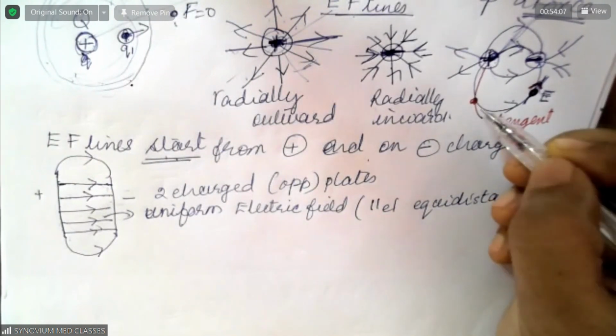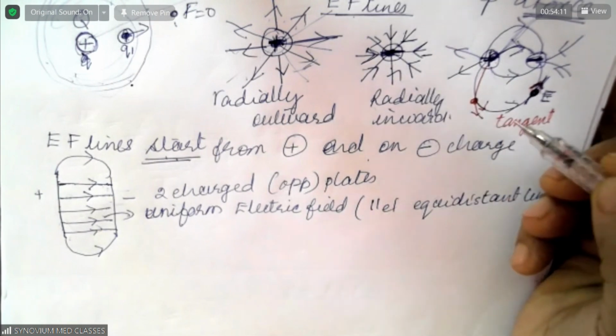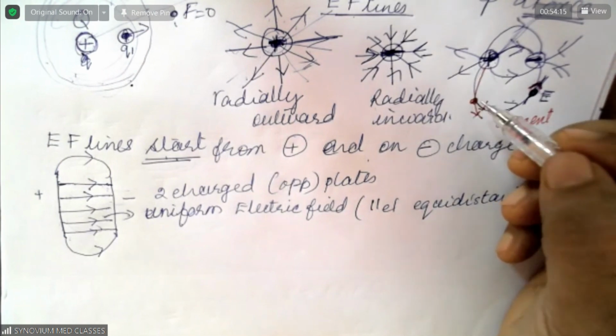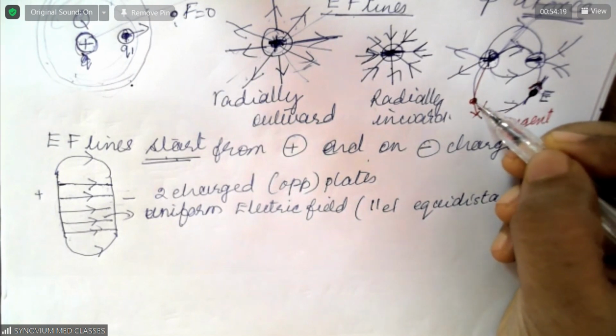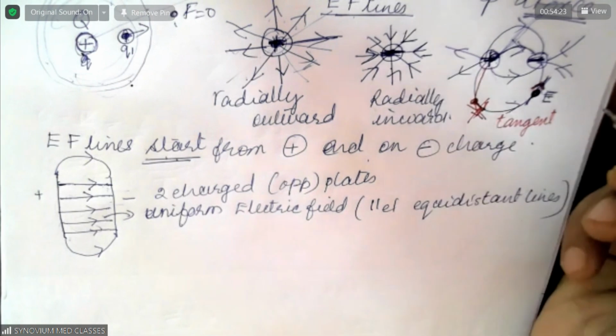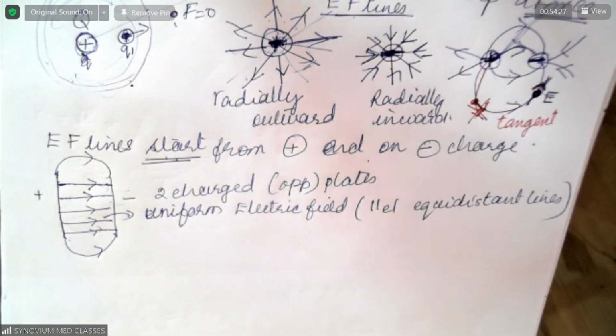That would mean there are two possible directions at that point, which is impossible. So electric field lines do not intersect.